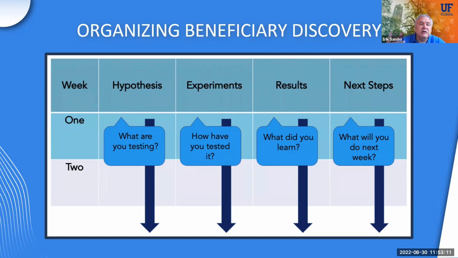This is key to the entire beneficiary discovery process, because it'll be the cadence that you follow as you go week to week. And you'll use this process to come down to confirmed hypotheses that will then inform the solution set. So I hope this was helpful to you.